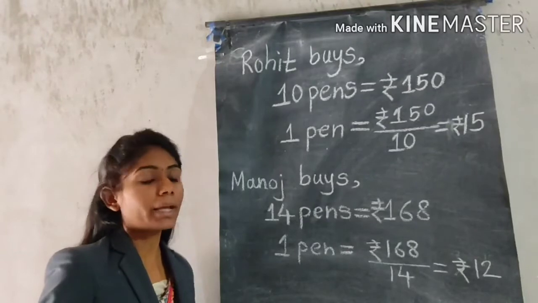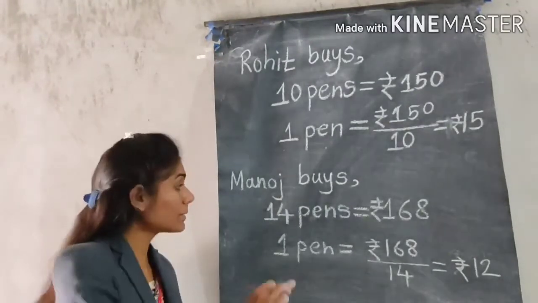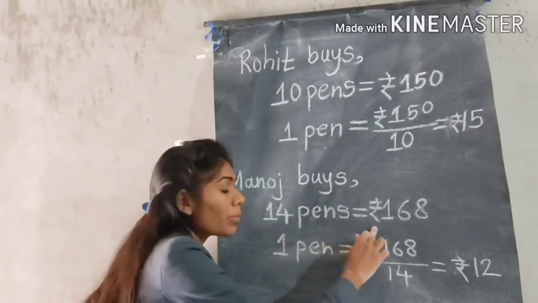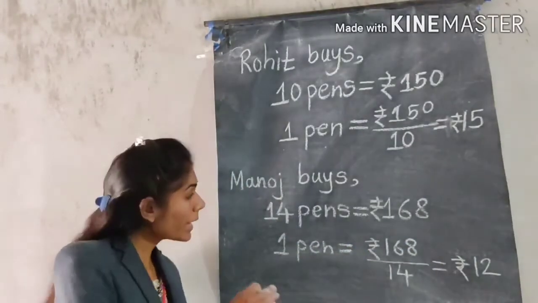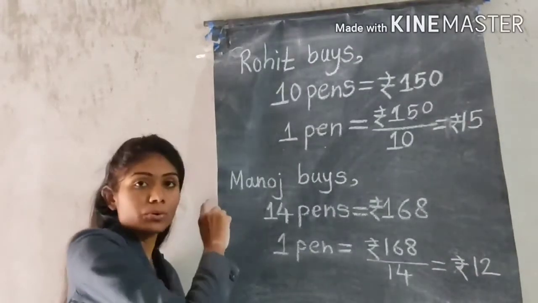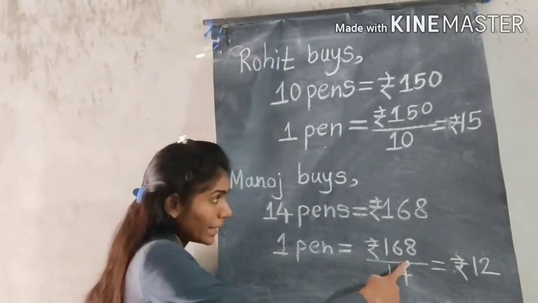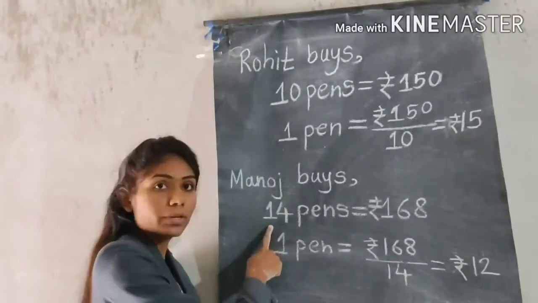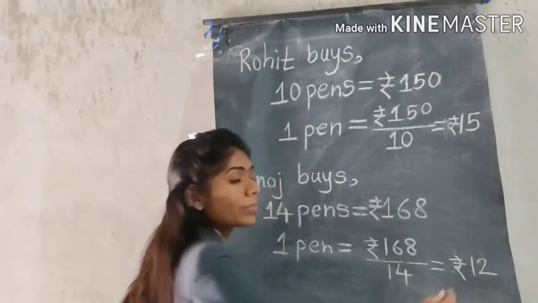Manoj also buys the same type of pen, but he buys 14 pens at rupees 168. So here we will find the cost of 1 pen for Manoj. 1 pen is equal to 168 divided by 14. So we will get the answer rupees 12.